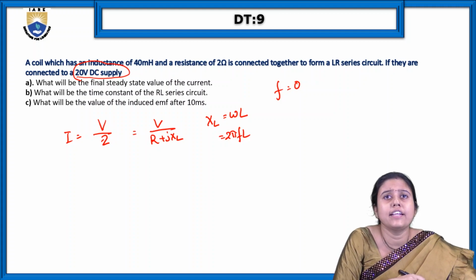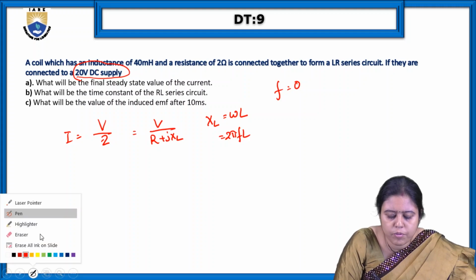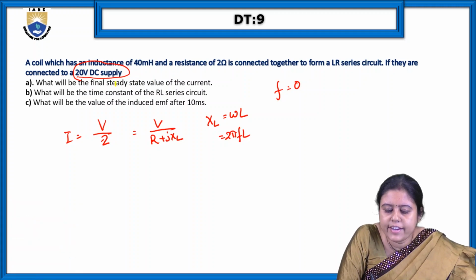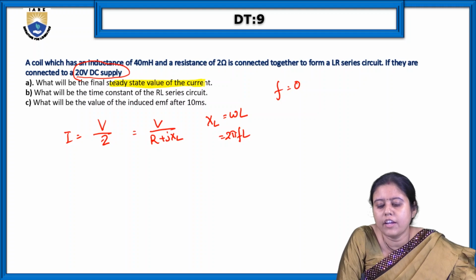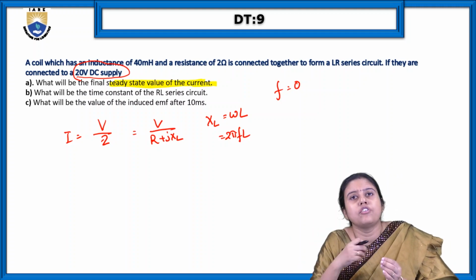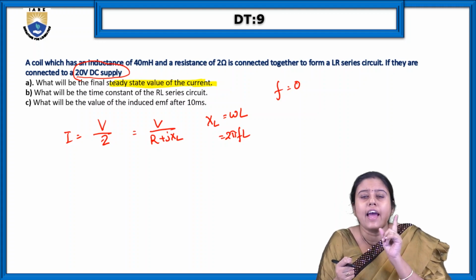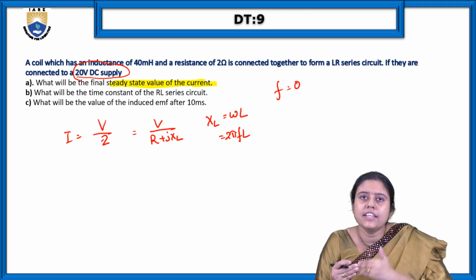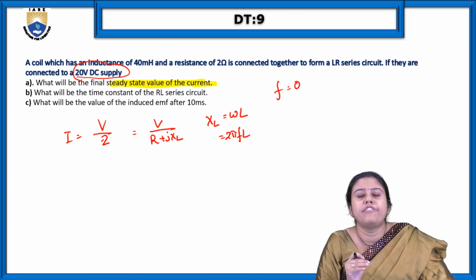When we are calculating the steady state value, what is the meaning of the steady state value? It is after a long time of switching, not at the time of switching. At the time of switching there is a change in input, so there should be some frequency.